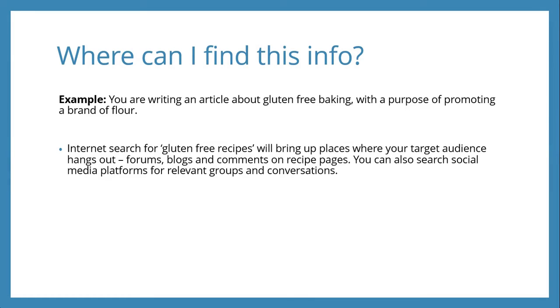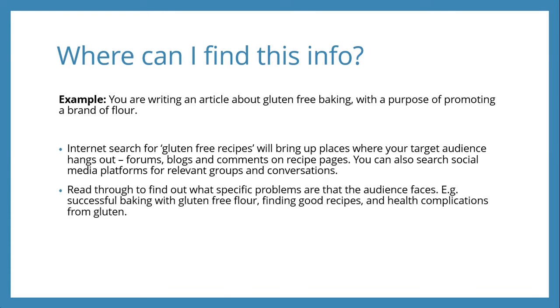An internet search for gluten-free recipes will bring up places where your target audience hang out, such as forums, blogs, and also comments on the bottom of recipe pages. Now, you can also search social media platforms for relevant groups and conversations.